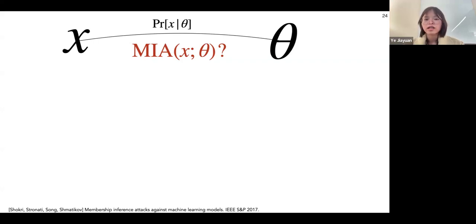Then the question is, what should we compare it with to say this is a member or not? Of course, we want to compare it with the alternative world, which is non-member. Intuitively, if it's more likely than in the non-member world, we say it's a member, and if it's less likely, we say it's a non-member. So how could we construct this non-member world?